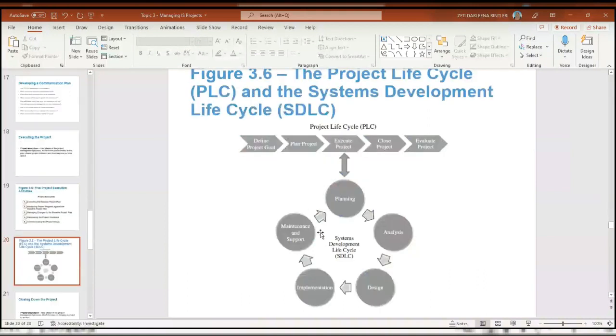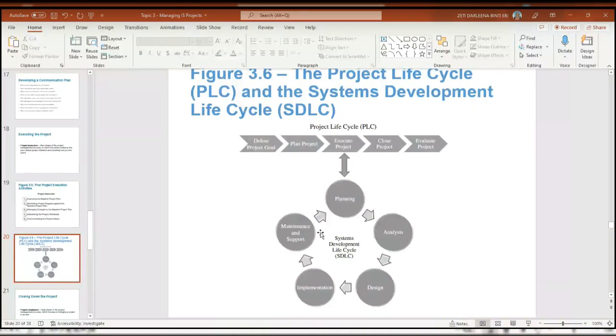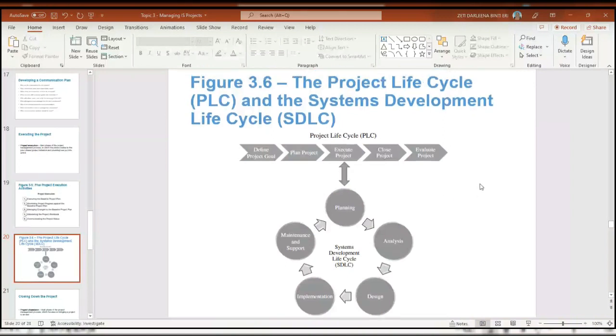So this is what we call project life cycle, PLC. Yang ni basically the SDLC, sebab kita bangunkan information system. So kita bangunkan information system. Dekat mana SDLC yang kita pilih tu relates dengan project life cycle.